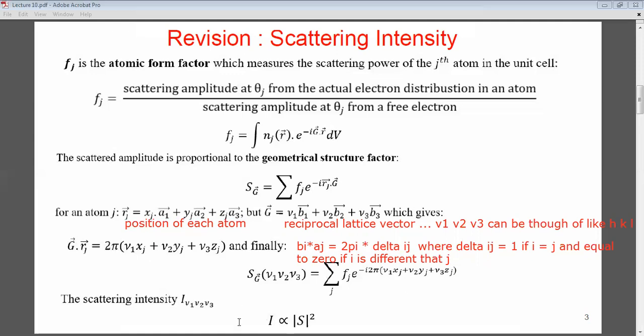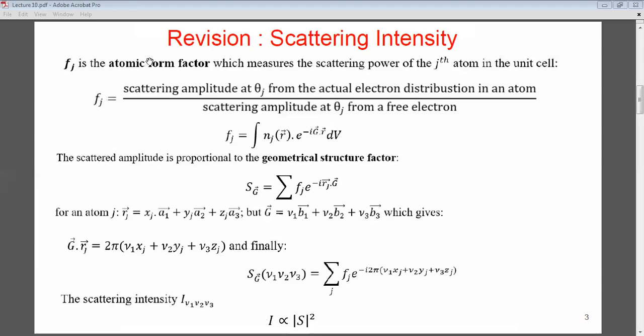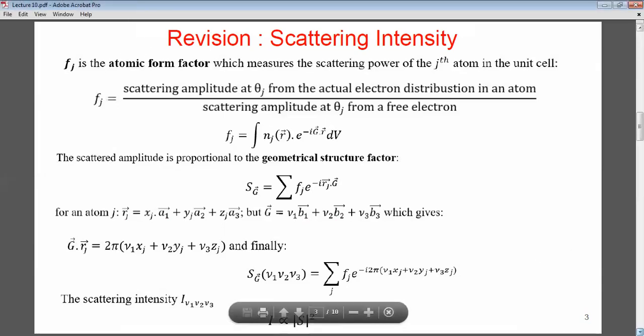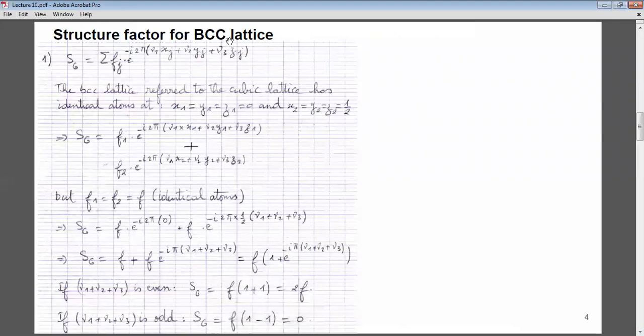And we agreed that the intensity is proportional to the square of the geometrical structure factor.